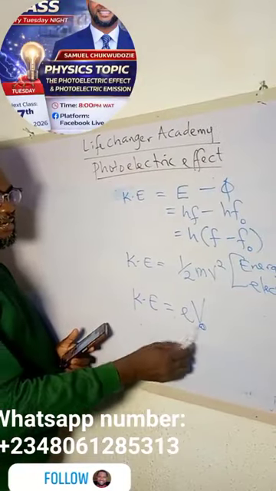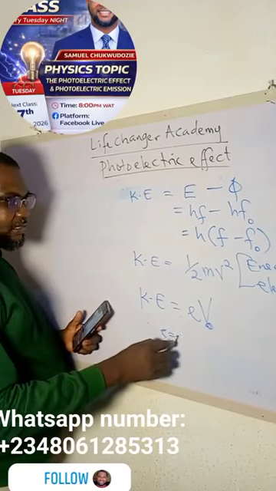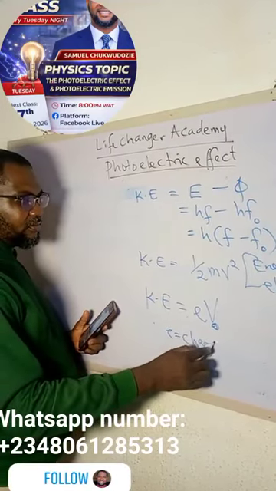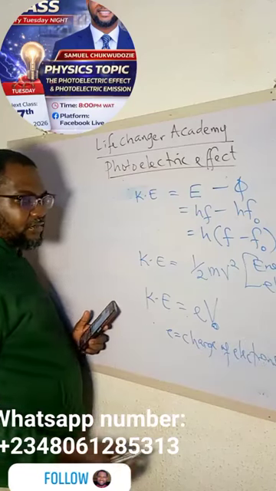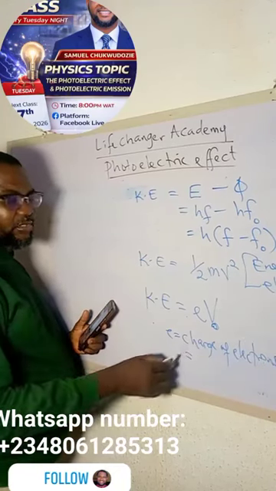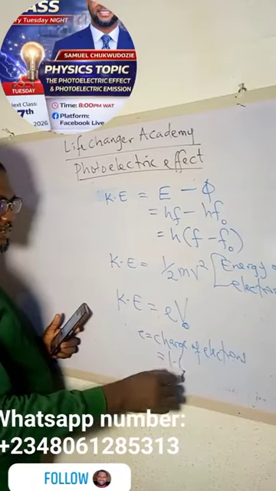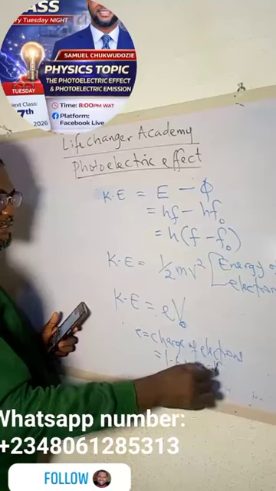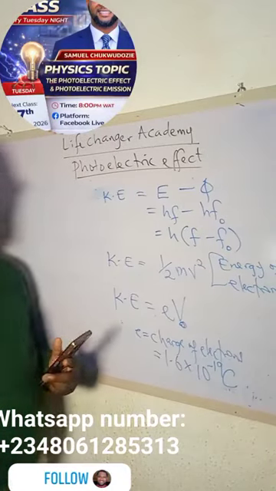That means E times V naught. Very, very important. E here represents the charge of an electron. The charge of electron is constant. The charge of electron is 1.6 times 10 to the power minus 19 coulombs.